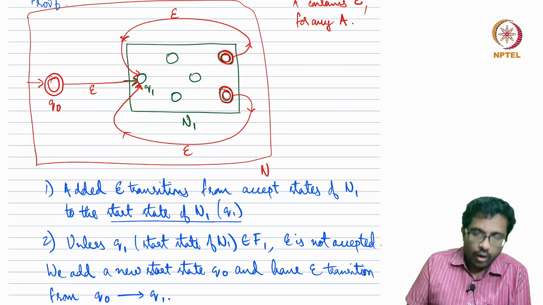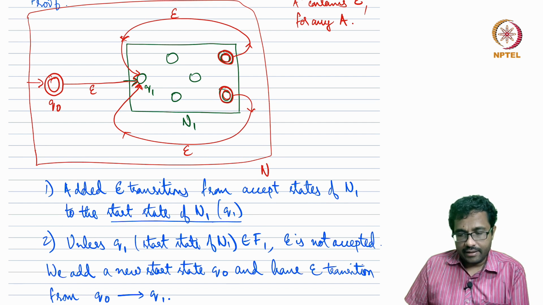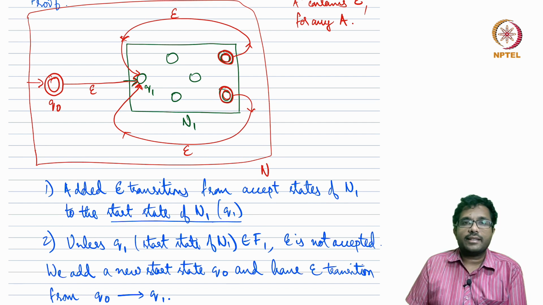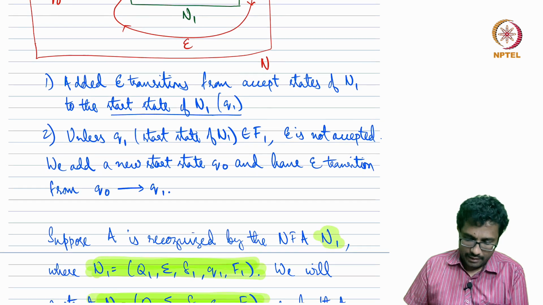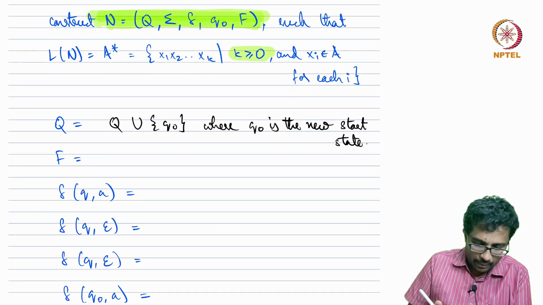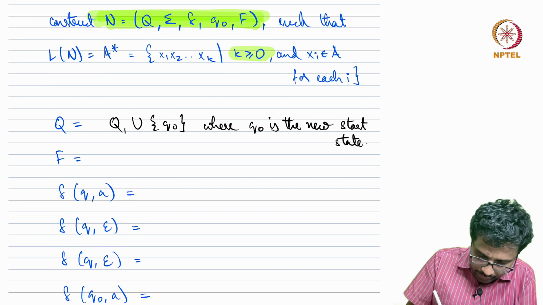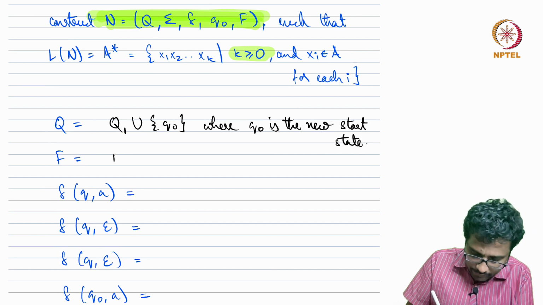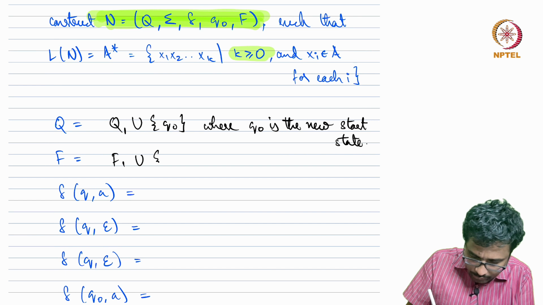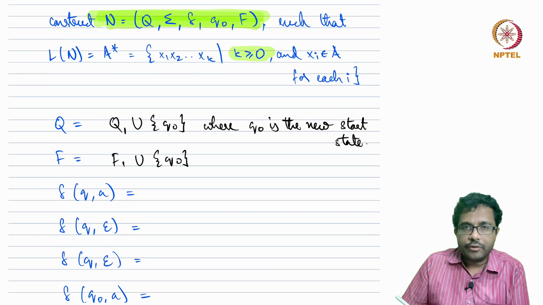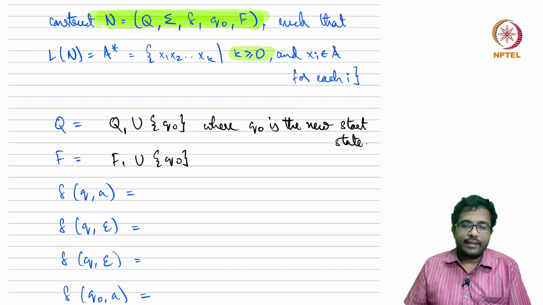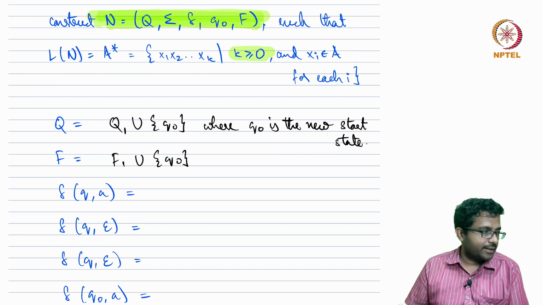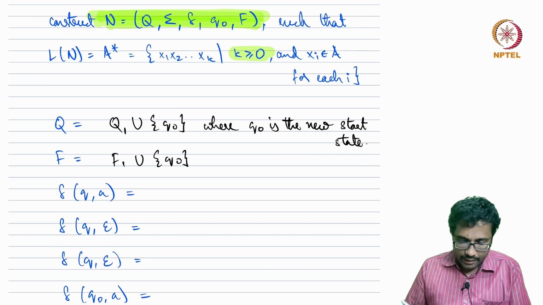If you see, all the old accepting states are still accepting states. In addition, Q0 is also an accepting state. So Q is Q1 union Q0, F is F1 union Q0, right? So in the case of F, the newly added start state is an accepting state in addition to the existing accept states. Now let us consider the transition function.